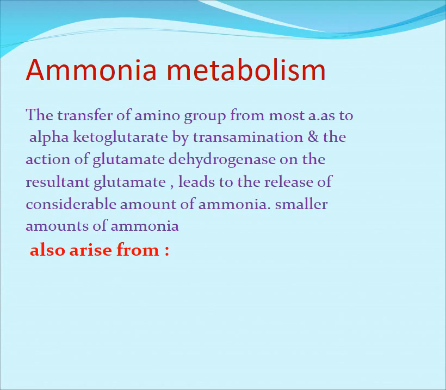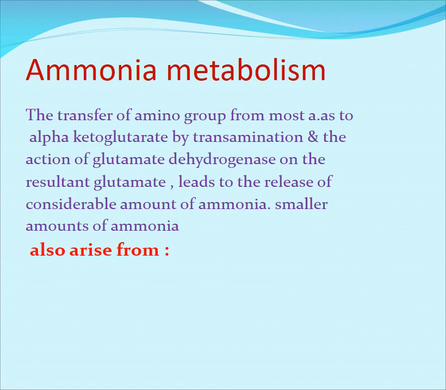Now, in both oxidative and non-oxidative deamination, there was liberation of ammonia. Ammonia is very important, and it is a very harmful substance. Why? Ammonia can be converted into ammonium ion, that means NH3 converted into NH4 plus. NH4 plus has a charge, so it may affect the acid-base balance.